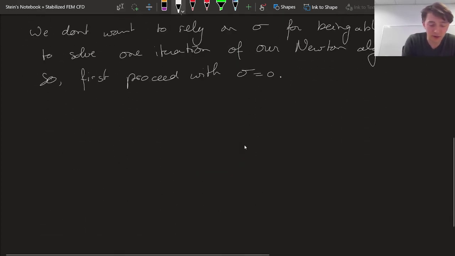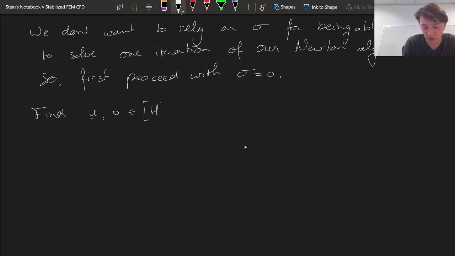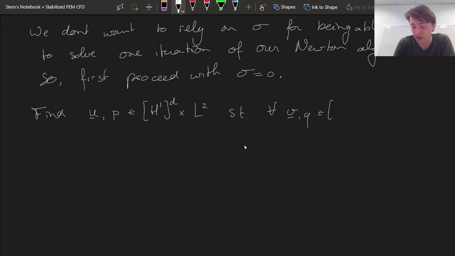So our weak statement is that we're trying to find a vector field U and a pressure field P in H1 to the power d, the dimensionality of our geometry, cross L2, such that for all test functions V, Q in the same spaces, H1, and again let me assume 0 boundary conditions here, we've discussed this before, times L2, we have the following two statements.